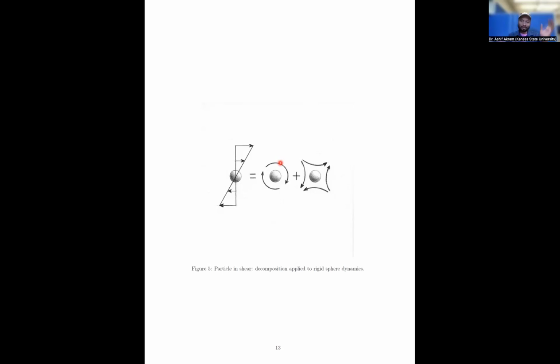Because it's not zero viscosity. So when the particle tries to rotate, there is a reaction from the fluid as well. Not only is the particle influencing the fluid, but the fluid is also trying to resist in some way the motion of the particle.